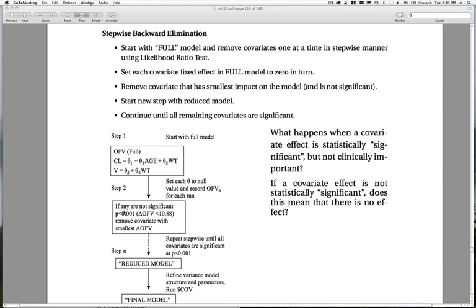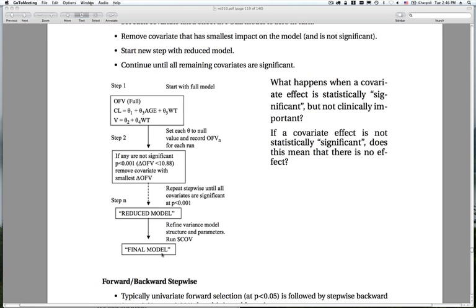But it is an adjustment here. And so if you recall, the likelihood ratio test, significant change in the objective function for 1 degree of freedom is 3.84 units. And that's for an alpha of 0.05. If we adjust that to 0.001, that requires a critical change of 10.88 units. So you might do it that way if you're doing multiple comparisons. And then you keep reducing until you get to a final model.